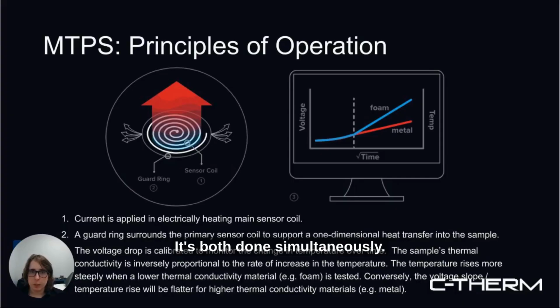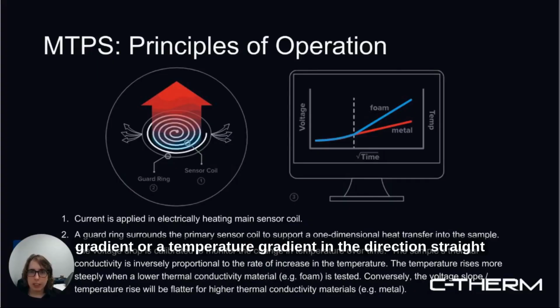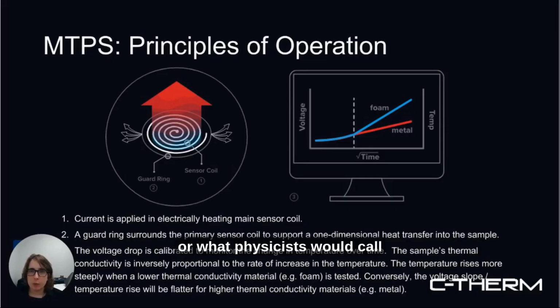It's both done simultaneously. And what that does basically is, because the guard heater is heating at the same time and with basically the same intensity, the sensor coil only sees a thermal gradient, or a temperature gradient, in the direction straight up, or what physicists would call the direction normal to the plane of the sensor surface.